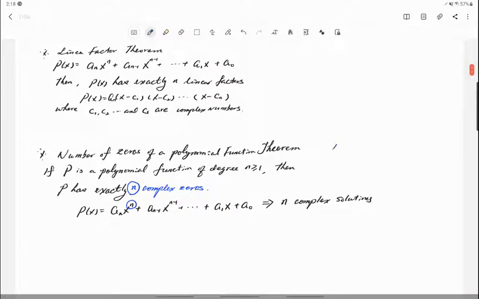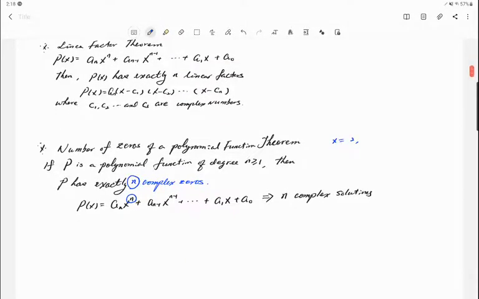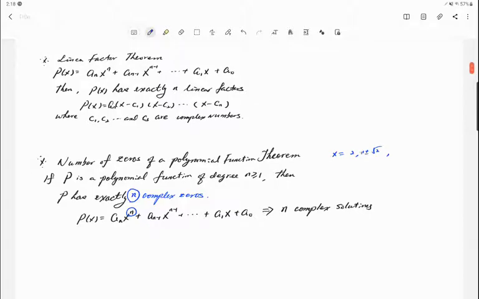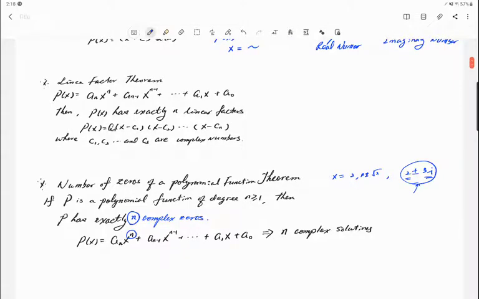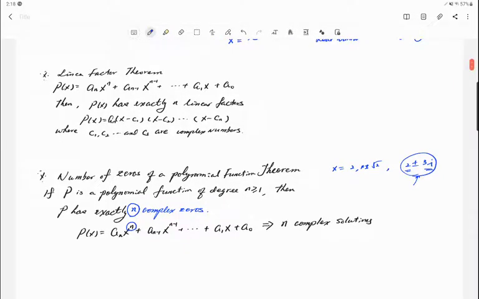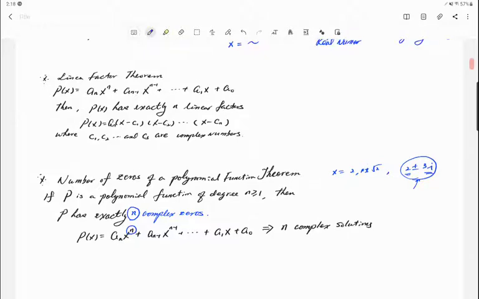So the solution x can be a real number, or something like 1 plus or minus something, or x may be 2 plus or minus 3i. Real part, imaginary part, altogether it is a complex number. So including these complex numbers, the imaginary unit as well, there are exactly n zeros. That is the number of zeros of a polynomial function.